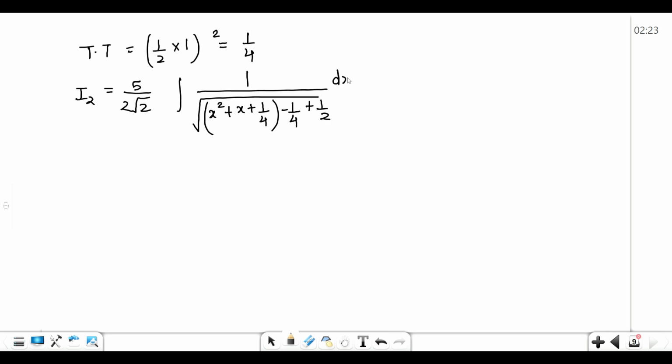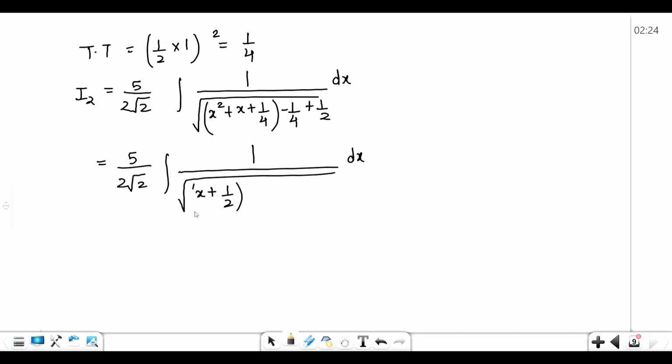Now this will be 5 upon 2 root 2, and we'll write this in the square form. That will be x plus 1 by 2 the whole square, and you can evaluate this by doing the LCM directly, so that will be minus 1 plus 2, that will be plus 1 by 4.